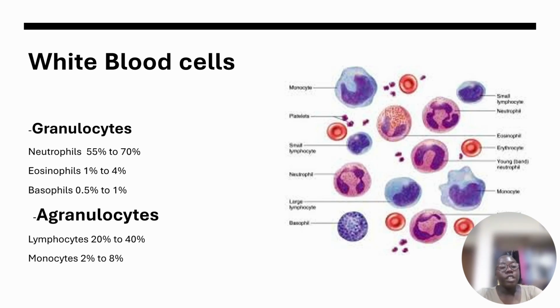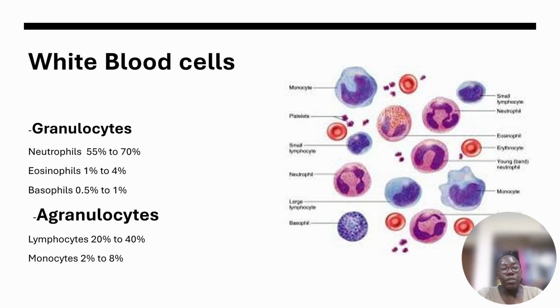Their function is to phagocytize bacteria, and they also have other functions. And we have the eosinophils. The eosinophils also phagocytize the antigen and antibody complex.